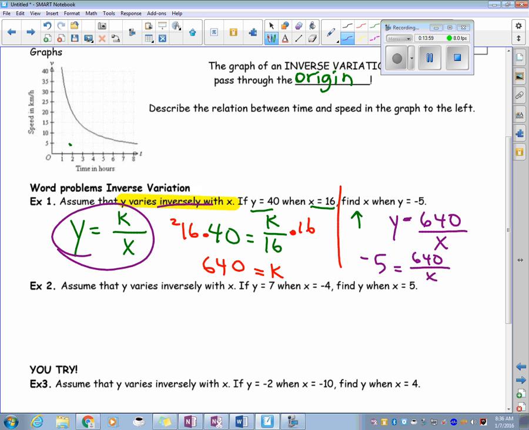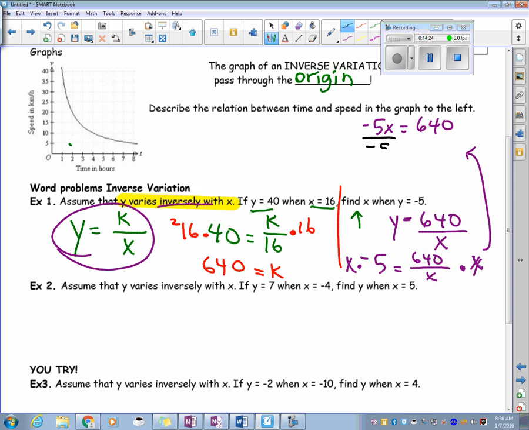I'm going to multiply both sides by x. And so it's going to be negative 5x equals 640. And now divide both sides by negative 5.